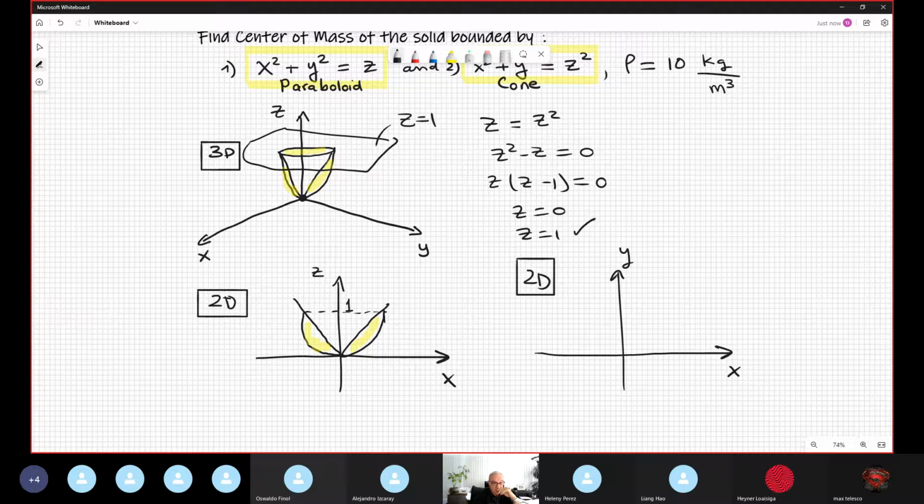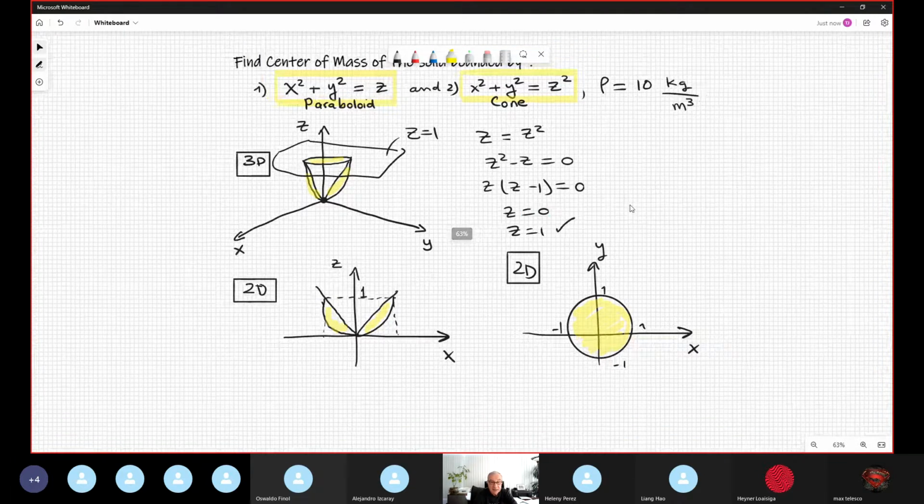Now, when you project this to this, it's obvious that we have a circle. And the circle is obvious, the radius 1, center at the origin, radius 1. 1, 1, negative 1, negative 1. Everyone follow me? Yes or no? Cool.